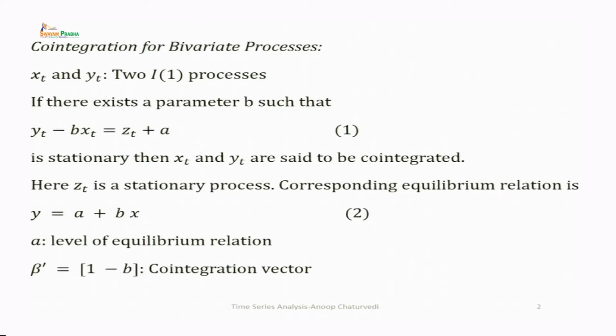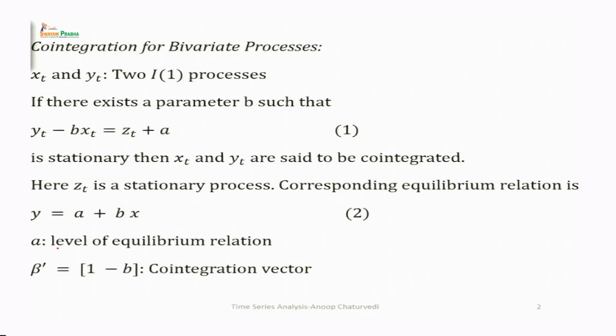and then the corresponding equilibrium relation is obtained as t tends to infinity. Since z t is a stationary process, this goes to 0 as t tends to infinity. So, you get the equilibrium relation y equal to A plus Bx.